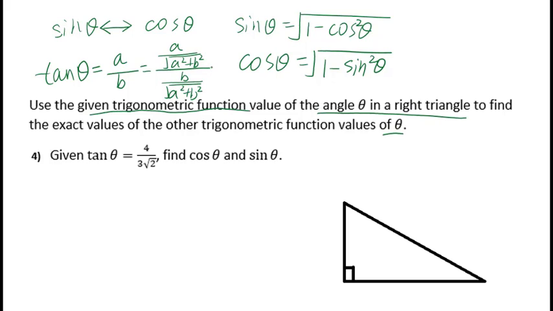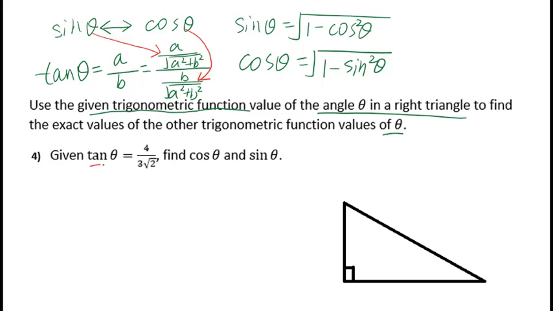Then top will be sine theta and the bottom will be cosine theta. That's the way we will figure out the trig function of acute angle.